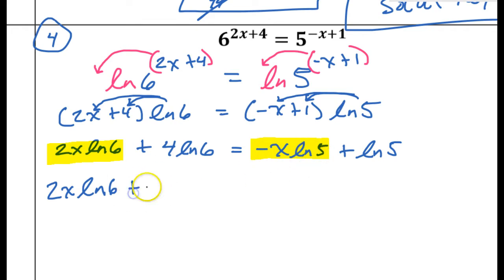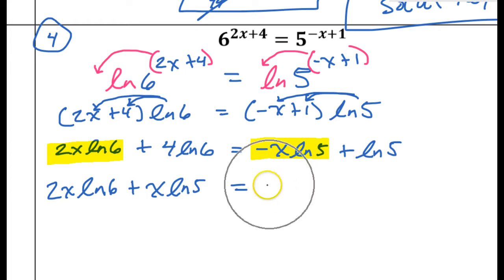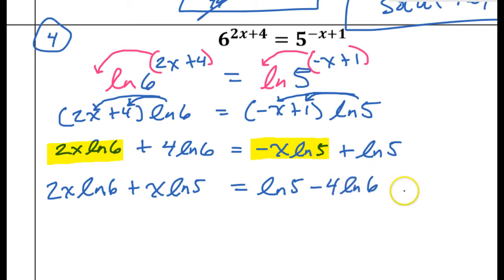So I will end up with plus x natural log 5 equals. I need to move the 4 natural log 6 to the other side, so I'm going to subtract that. So I'm going to end up with natural log 5 minus 4 natural log 6.